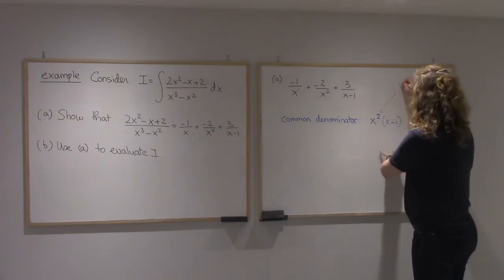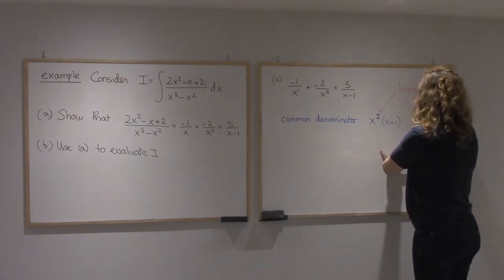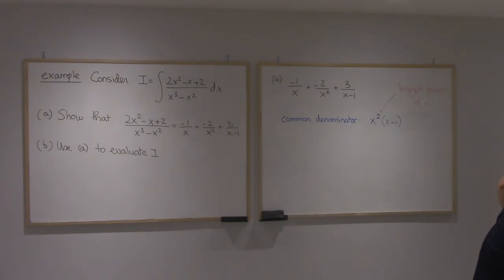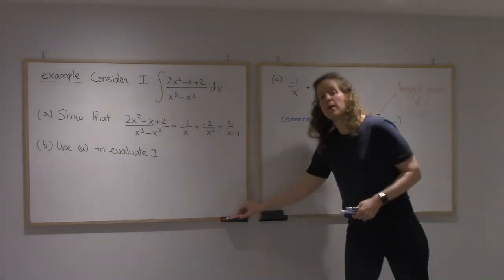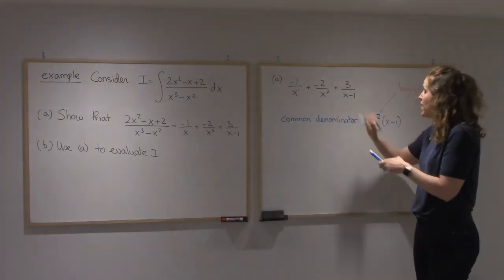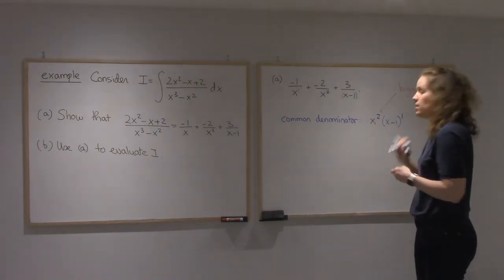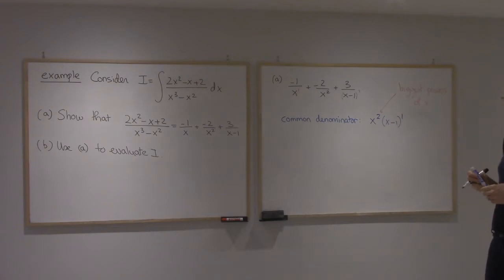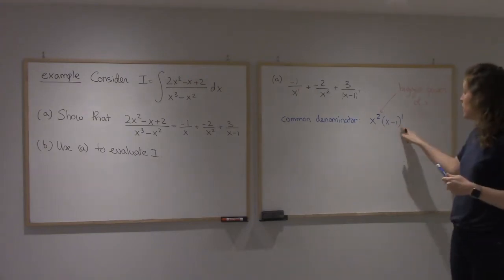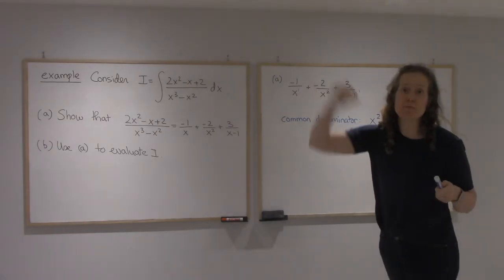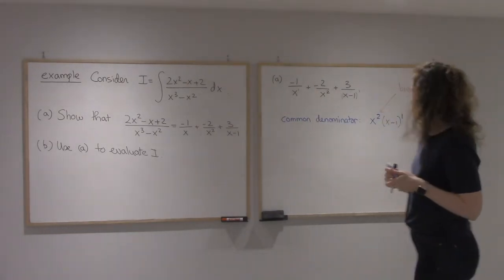And that's because it's the biggest power of x that I have over here. Now for x minus 1, it's simpler. I only have one power right here, so I'm going to take that 1 as the power. So that's going to be my common denominator. Always take each factor that you see in the denominators, to the highest power you see.